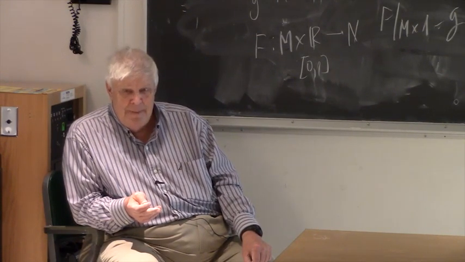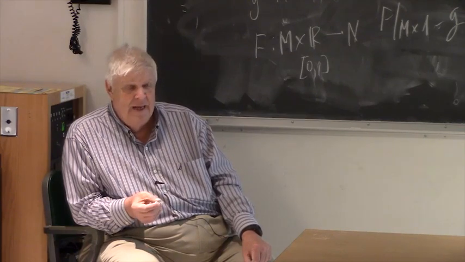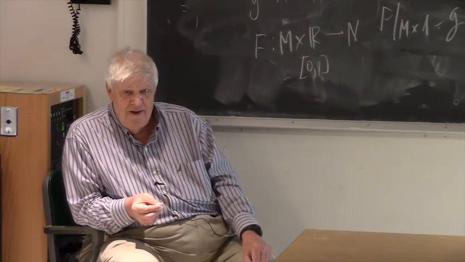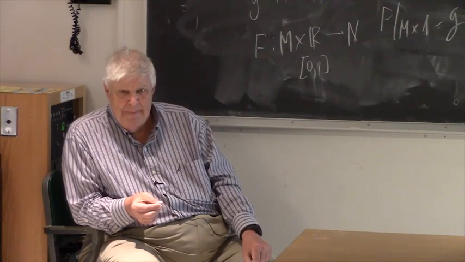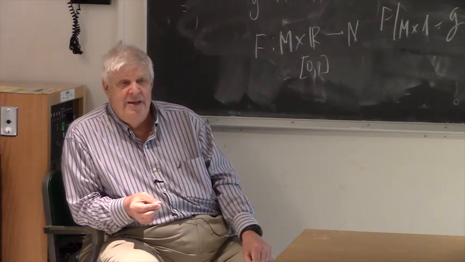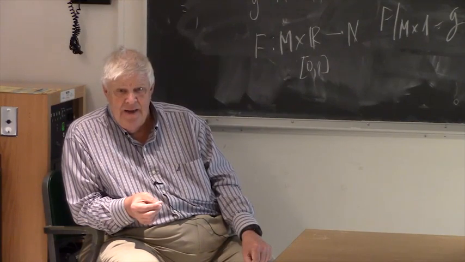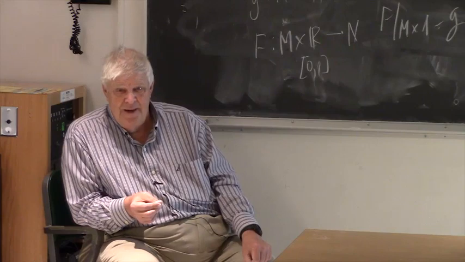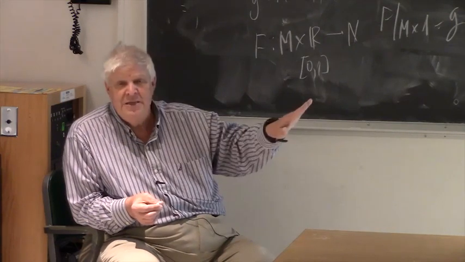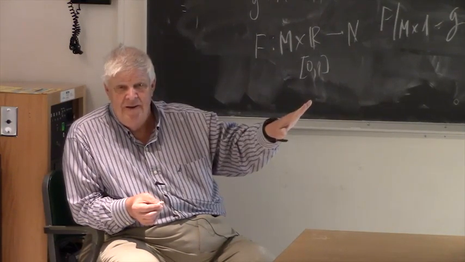The Poincare lemma says that if you have a closed form of positive degree in the space Rn, then it is a differential of some form of degree q minus 1. It's true for every positive q, right?